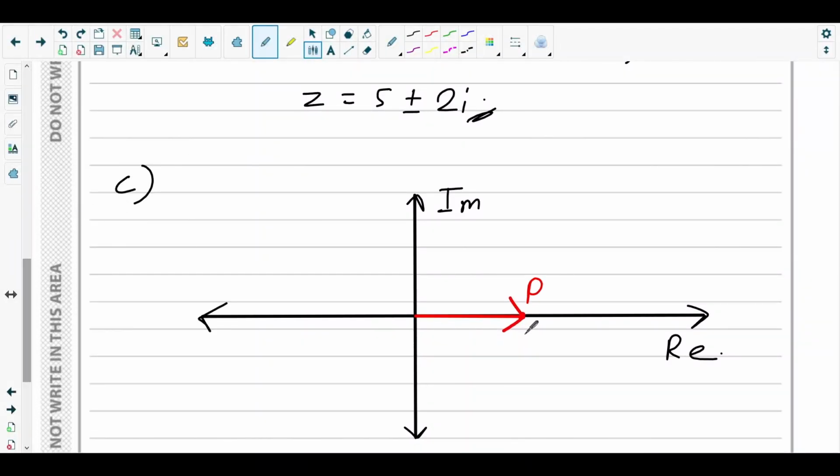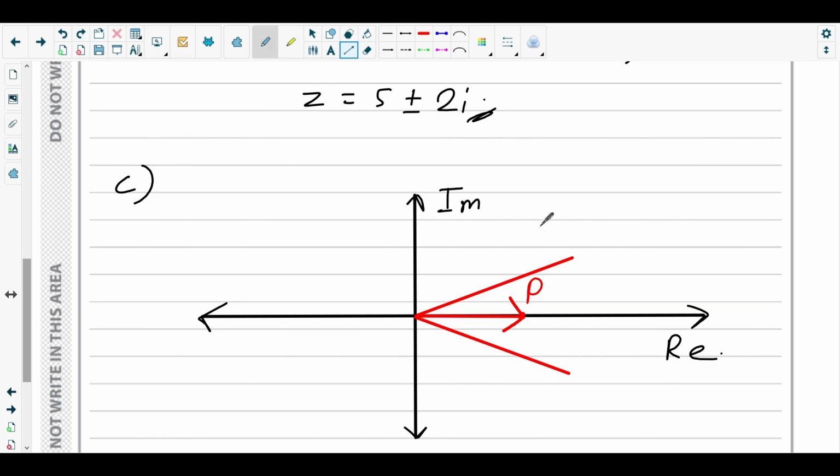Next is 5 plus minus 2i, right? So let's say 5 plus 2i. So this is 3, right? So let's go a bit to the right. So this is 5, and plus 2i is there. So this is 5 plus 2i, and this is basically 5 minus 2i. It should be equidistant.